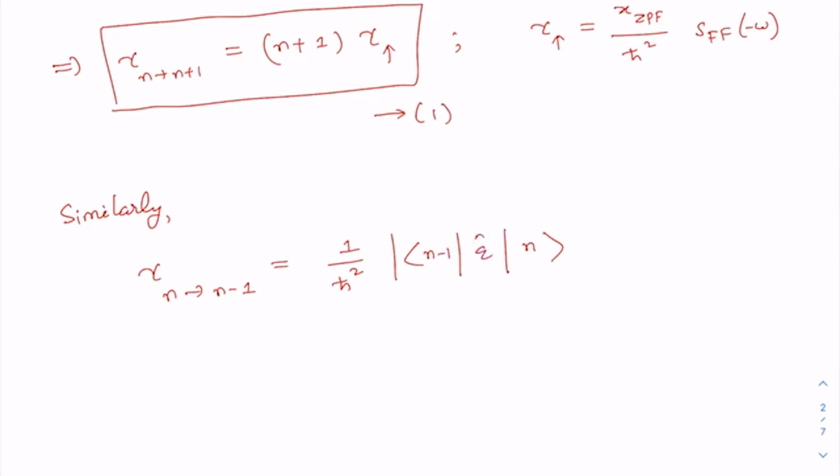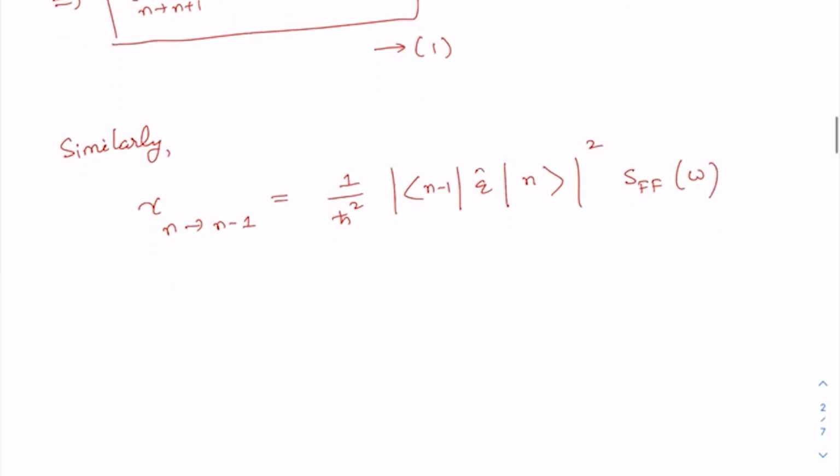Q is the system operator, its mod square. This time you will evaluate SFF at plus omega, right? Because you see that here omega is equal to En minus 1 by h cross, and harmonic oscillators are equally spaced, so this is a positive frequency, so therefore we have to write here plus omega.